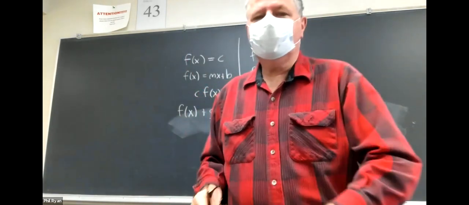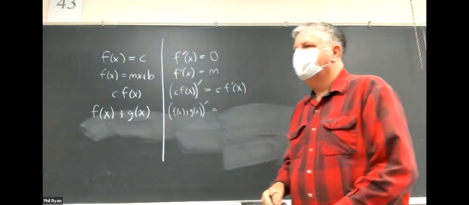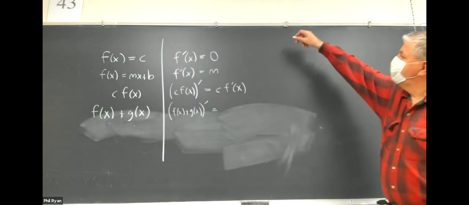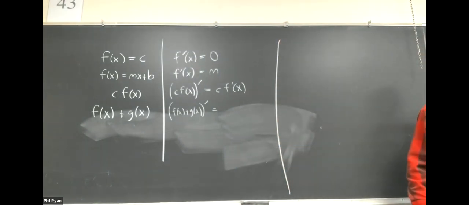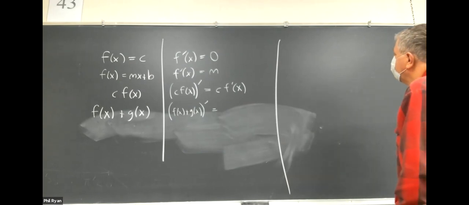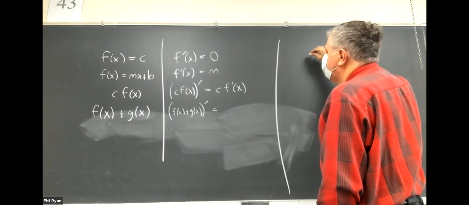Okay, so let's go about it. We're going to do the same kind of trick that we did with the constant multiple. So the derivative is going to be approximately what?